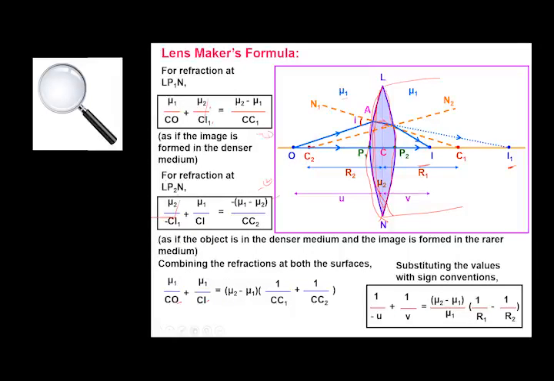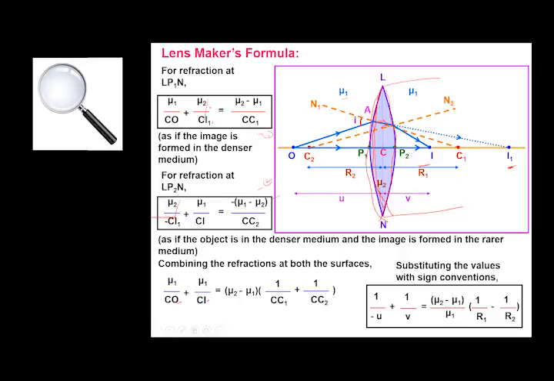And the next thing is that here, if you keep the object at infinity, right, then the image forms at f. Suppose you take this as v, the object distance u should be taken as infinity, then the image distance will be taken as f.